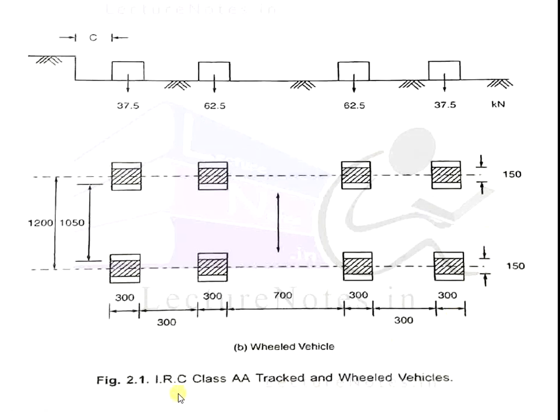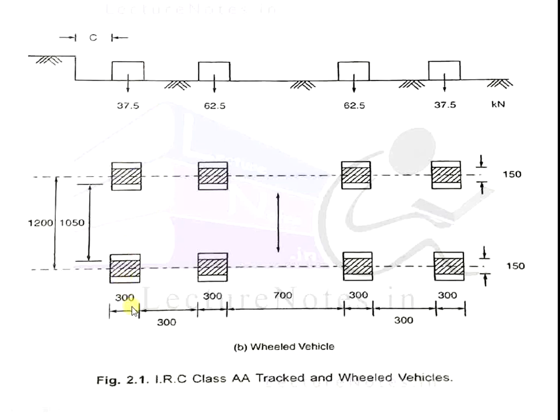Next type is the IRC Class A tracked and wheeled vehicles. If some vehicles are present on the surface of the road, the first load is 37.5, then 62.5, next 62.5 and another 37.5 as separate wheel loads.